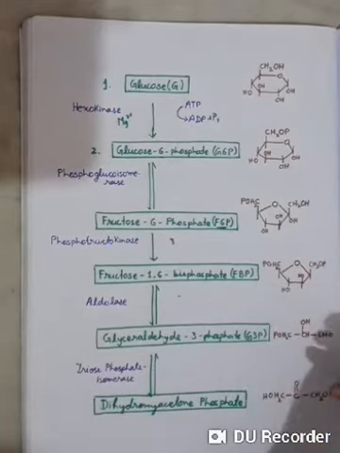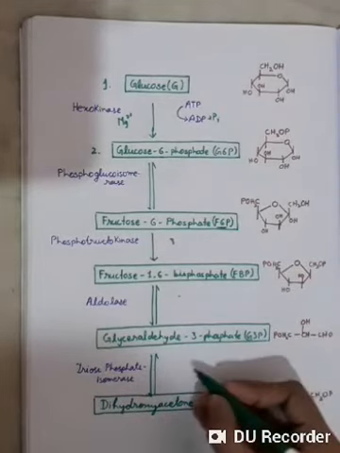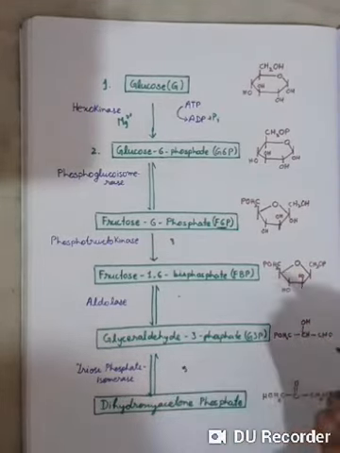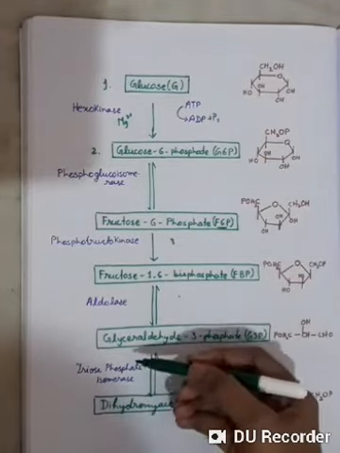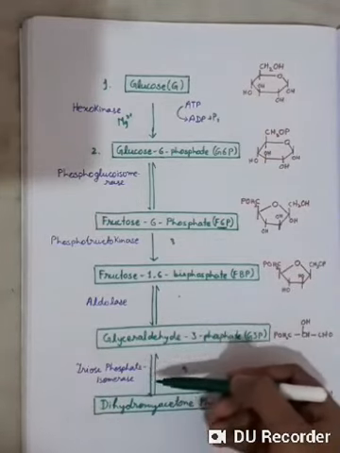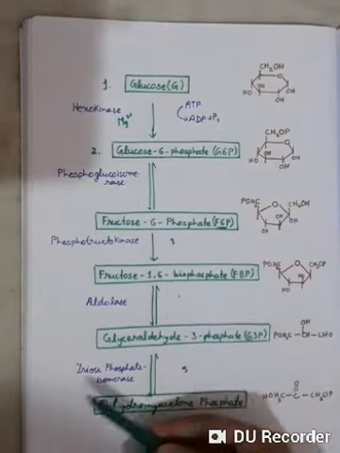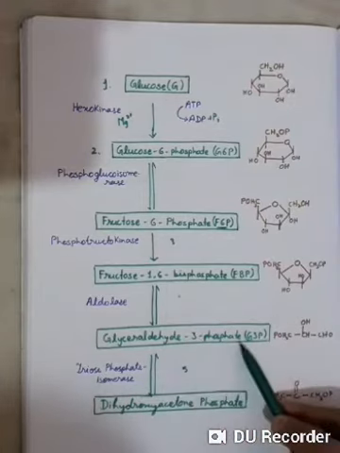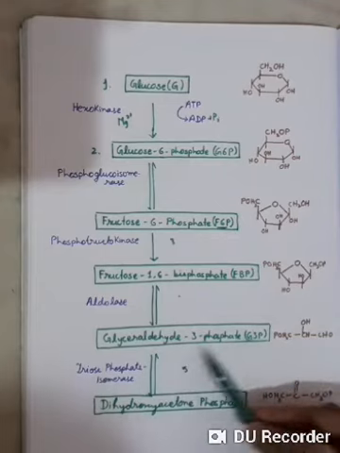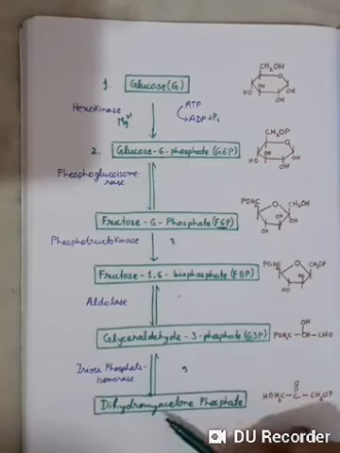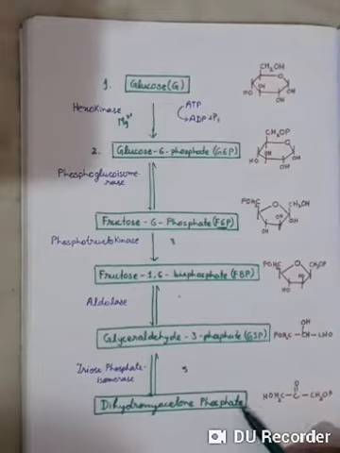And after that, the fifth step is regulated by the enzyme triose phosphate isomerase. Again, an isomerization reaction is here, where the glyceraldehyde 3-phosphate G3P is converted to dihydroxyacetone phosphate. Here you can see the molecular structure.